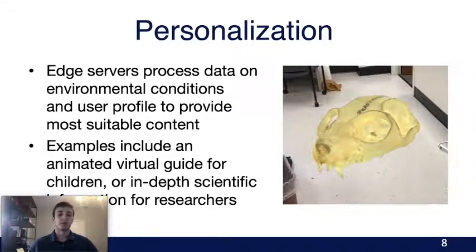In terms of different aspects of the user, as you can see in the picture before you, there is a lemur skull. This would be more appropriate for someone who is a senior researcher or an adult, whereas a child might see an animated lemur that tells them fun facts about lemurs and entertains them that way.